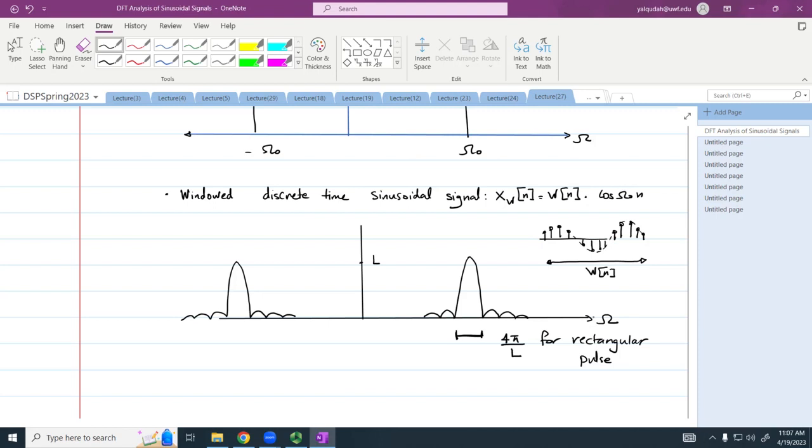So the wider the rectangular pulse that we choose, the wider the window, the narrower this thing is going to be.